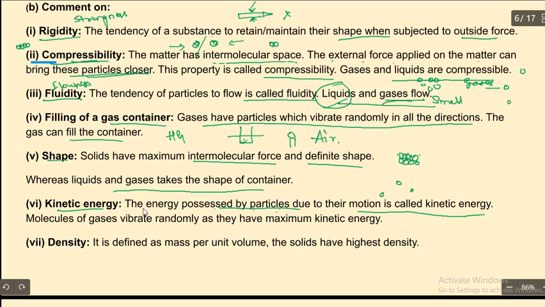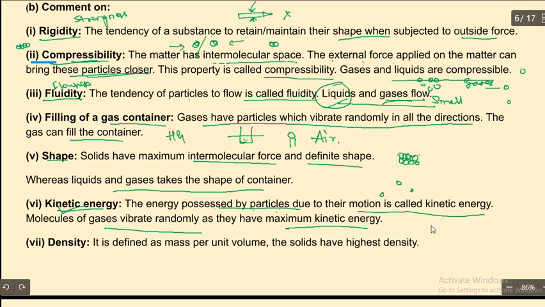Because they have some energy. To lift your hand, to write, to walk, to talk, you require energy, right? So that energy is nothing but what? Kinetic energy. In the same way, particles also have some energy, and that energy is called what? Kinetic energy.